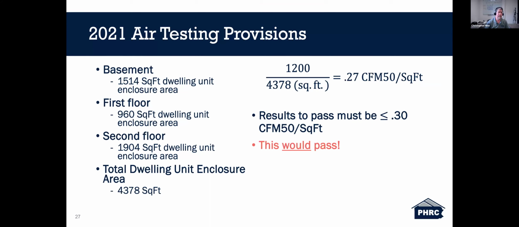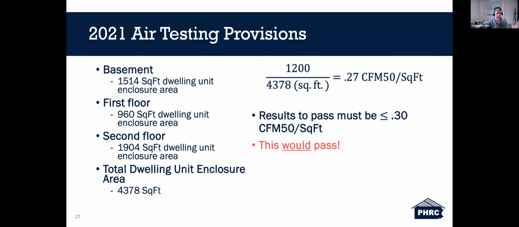You may be thinking, well, Chris, that doesn't make any sense because why in the world is our basement square footage and our second floor square footage so much greater than our first floor? And remember, when we look back at the definition of dwelling unit enclosure area, it takes into account the walls, the floors, and the ceiling. So our basement is going to have a floor, right? Our basement slab floor is separating conditioned space from unconditioned space.